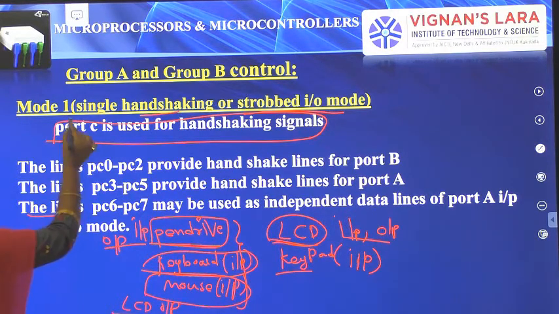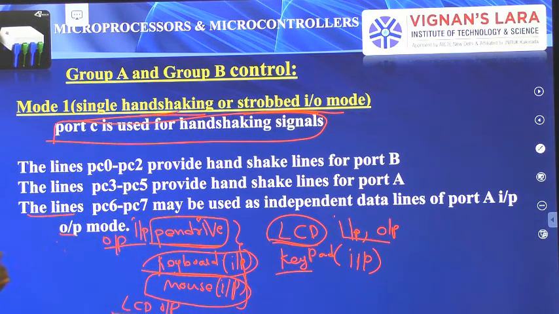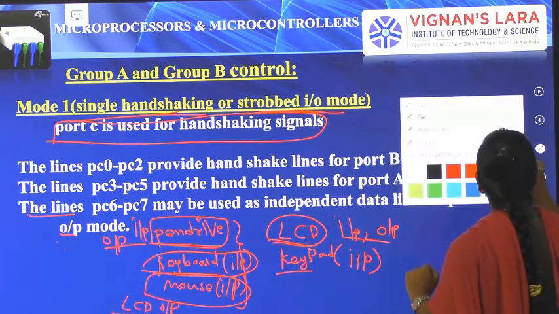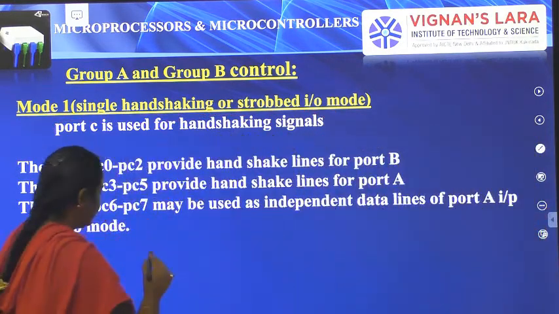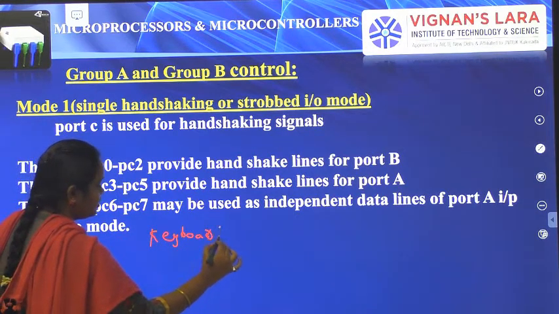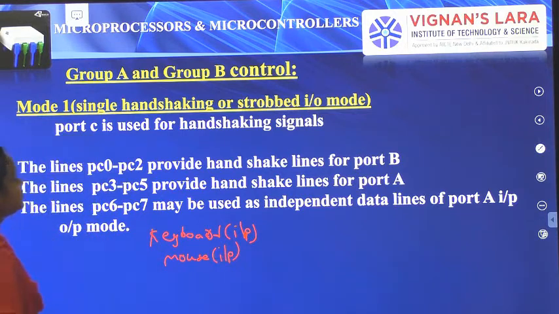Single handshake, strobed input mode, means we provide either input or output, not input and output at the same time. So at a time, the keyboard acts only as an input, or the mouse acts only as an input. It provides only a single operation.